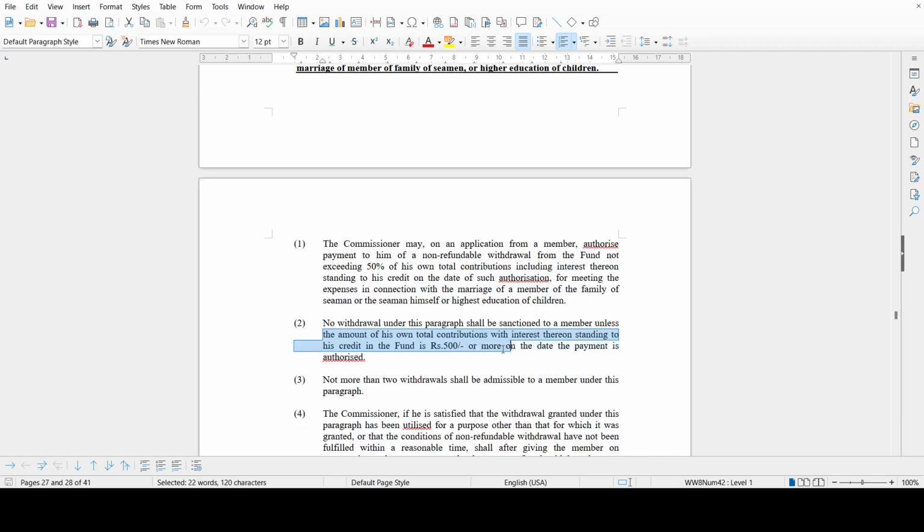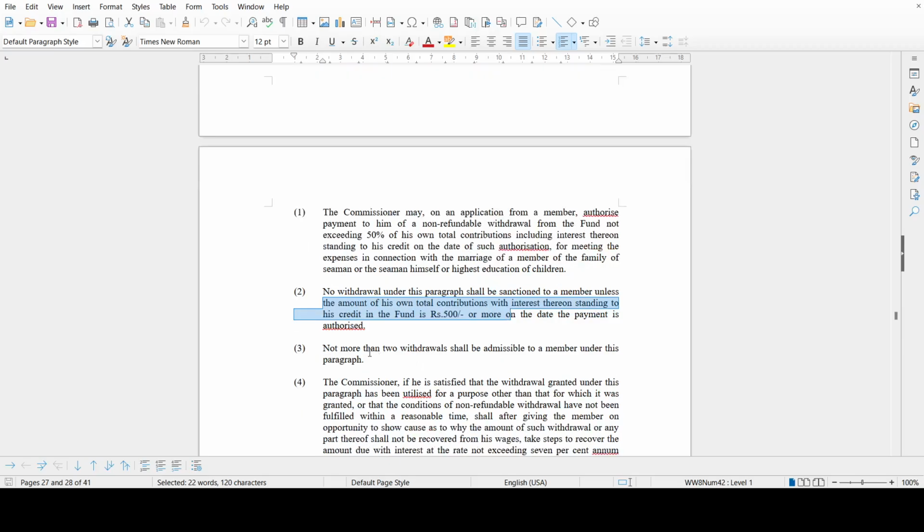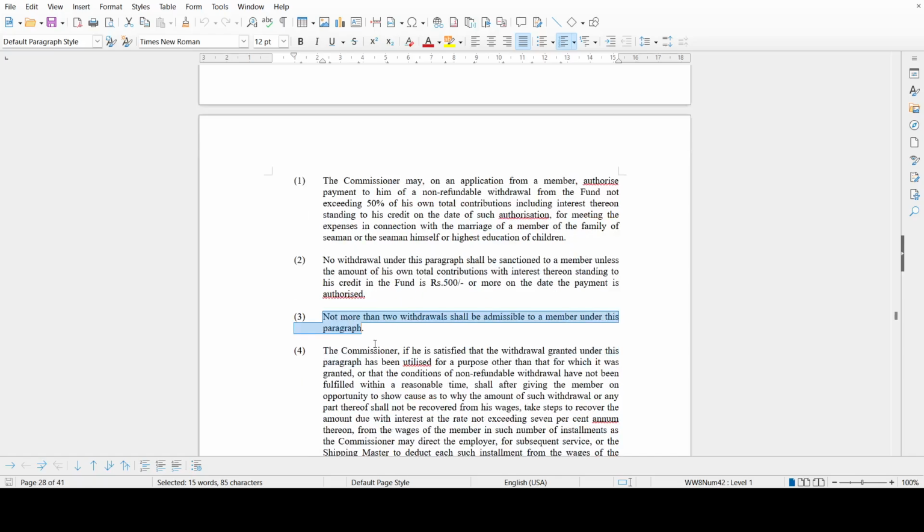If your total contribution is less than 500, you cannot apply for withdrawal, or maybe that will not be accepted by the commissioner. No more than 2 withdrawals shall be admissible to a member under this paragraph. So for this purpose, for marriage or for higher education, you can apply only twice, not more than that.